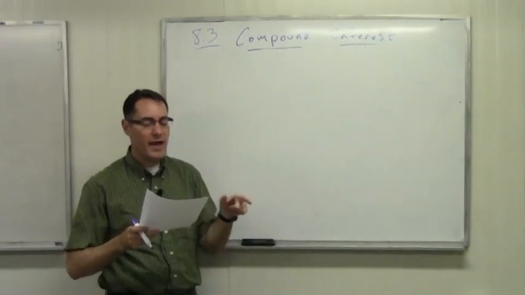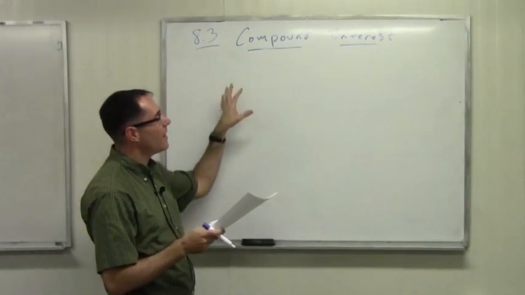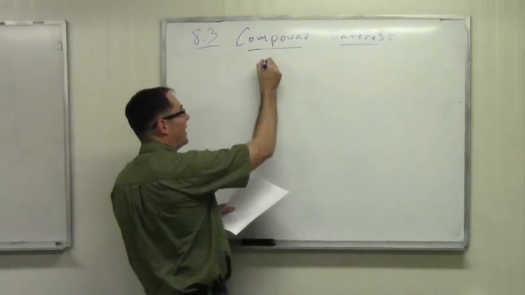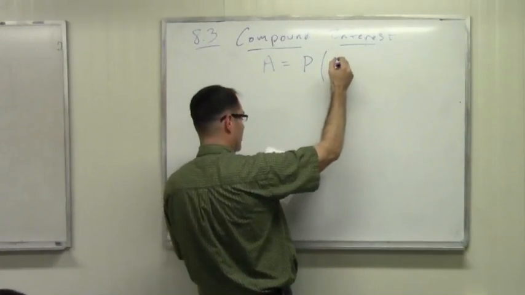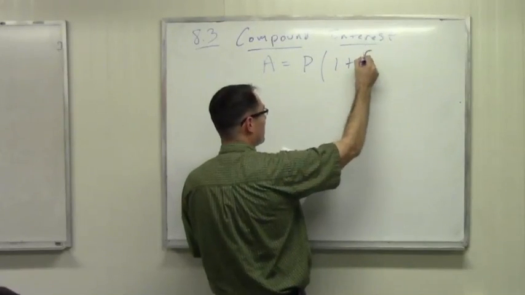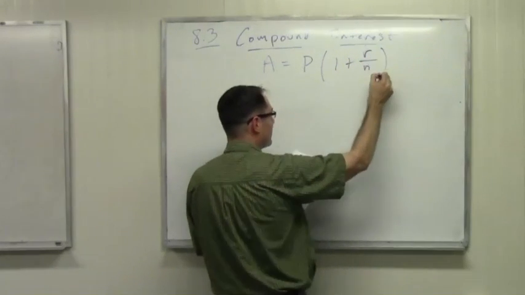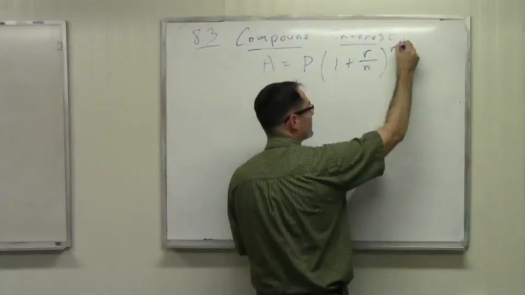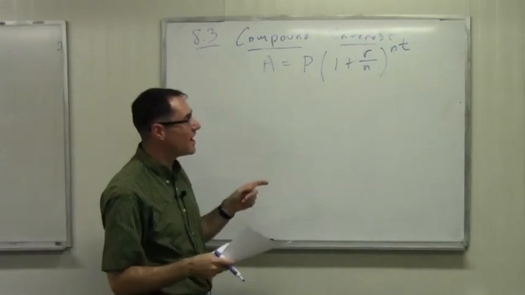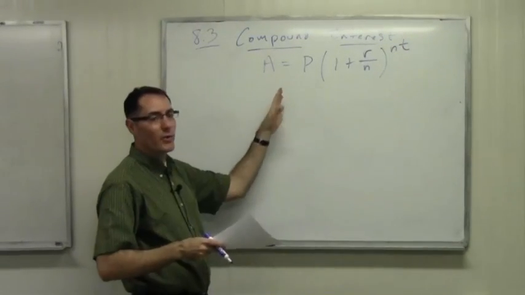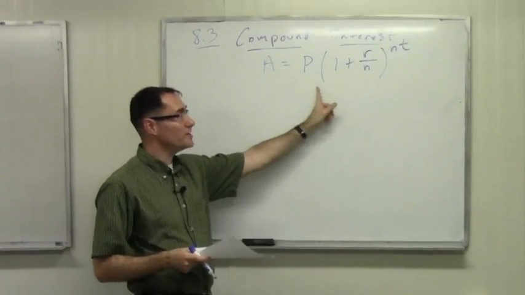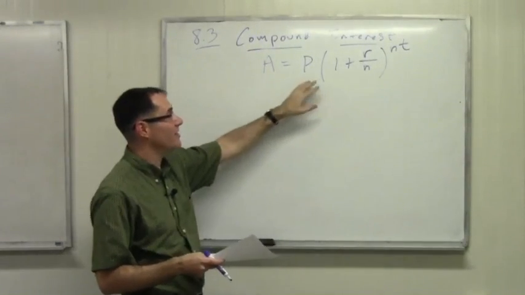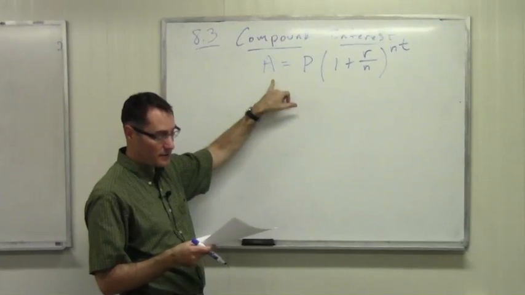The formula that we had: the future value equals p times 1 plus the rate over the number of times per year, raised to the number of times per year times the time. If we rearrange that to solve for the amount you start with, all you do is divide by this whole side over here.